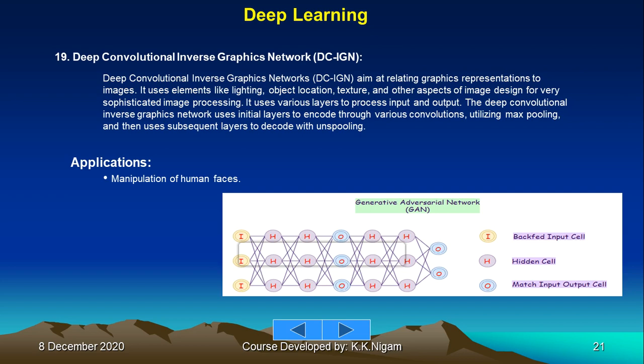It uses various layers to process input and output. The deep convolutional inverse graphical network uses initial layers to encode through various convolutions, utilizing max pooling, and then uses subsequent layers to decode with unspooling. Applications for this are manipulation of human faces.